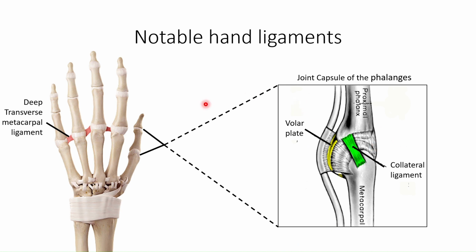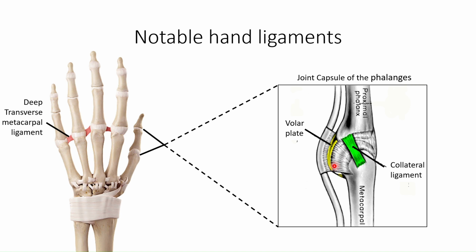The digits of the hand are held together by various supportive ligaments that include the deep transverse metacarpal ligament connecting the metacarpal heads of digits 2 through 5, and the phalangeal joint capsule formed by the volar plate on the palmar surface of the hand, which is composed of a fibrocartilage structure and connects the phalanges of each digit to one another and to their respective metacarpal bones.